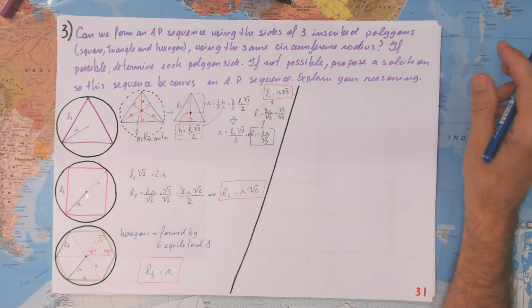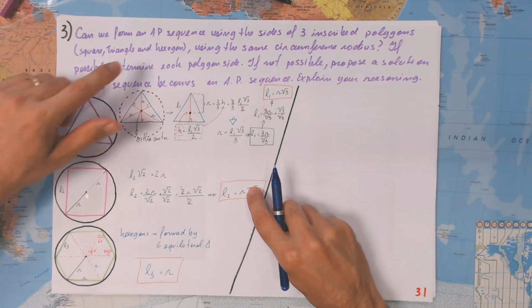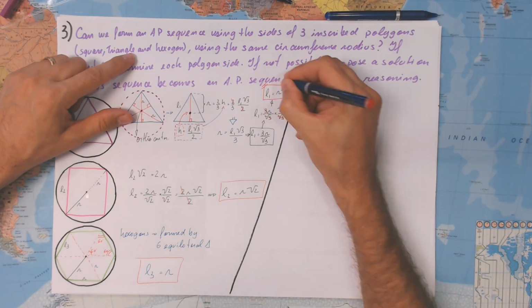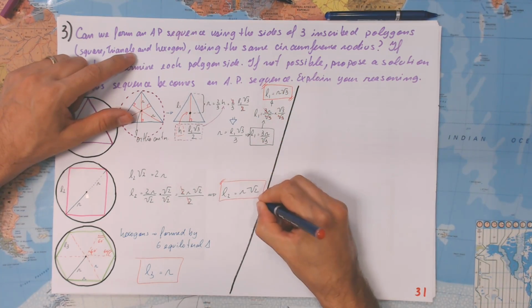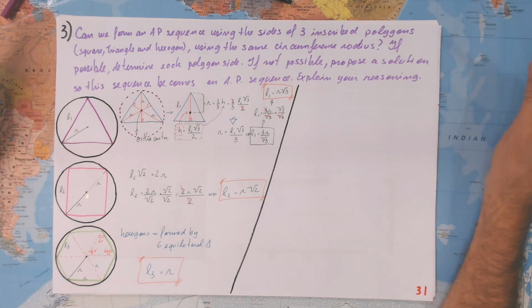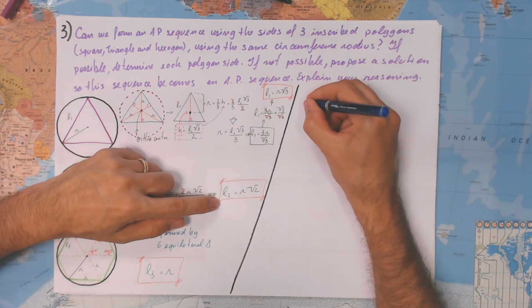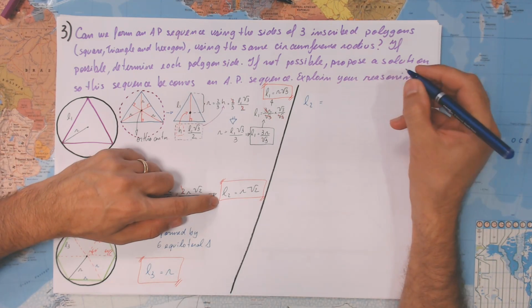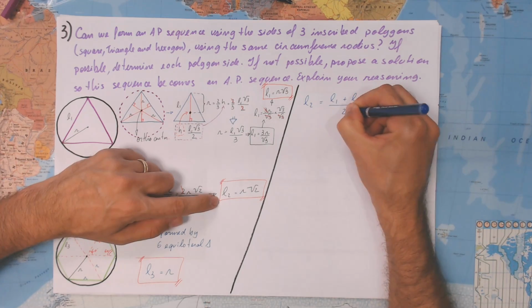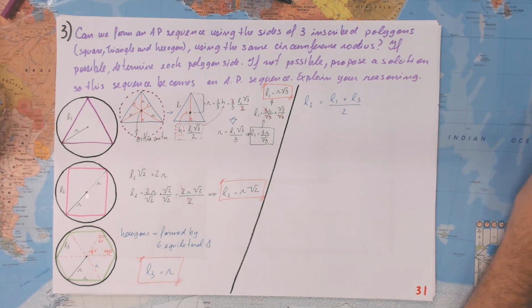Now, if this is supposed to be an AP sequence, all those sides, if those are the terms of our AP sequence, it means that L2 is going to be the average between L1 and L3. Agree? Okay.